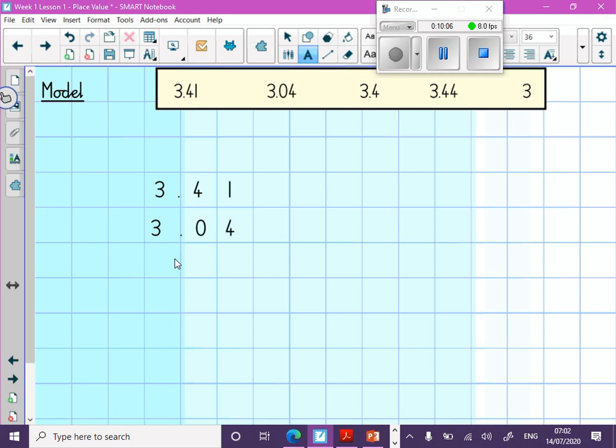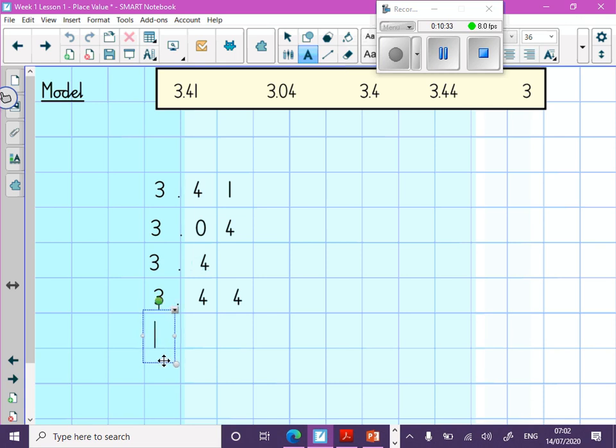And with us keeping that decimal point in the exact same place, it means that we can compare these tenths and these hundredths a lot easier. So what I'm going to do is I'm just going to write these in a list to help us order them. I then have 3.4, 3.44, and then we get to the whole number 3.